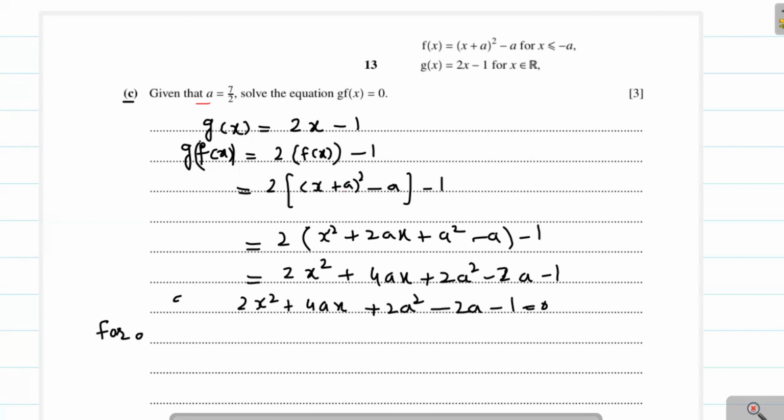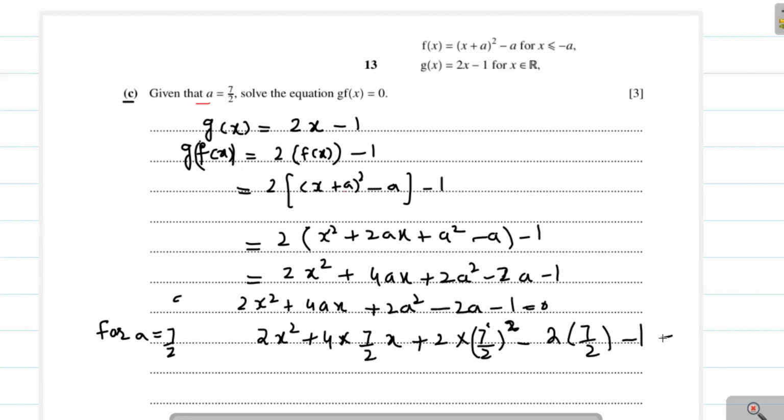For a equal to 7/2, we can write 2x squared plus 4 into 7/2 x plus 2 into (7/2) whole squared minus 2 into 7 over 2 minus 1 equal to 0.